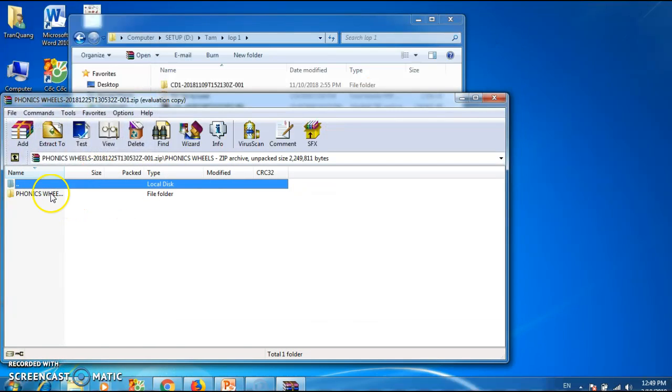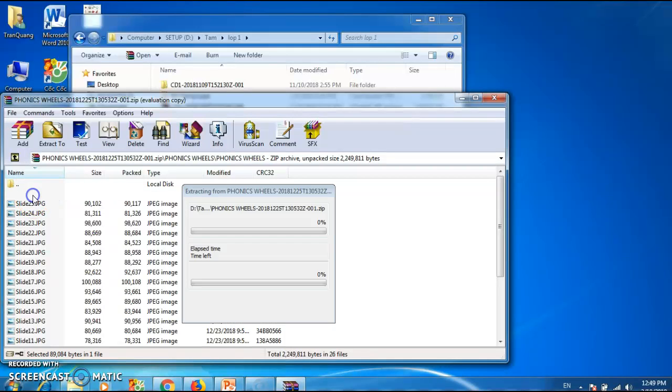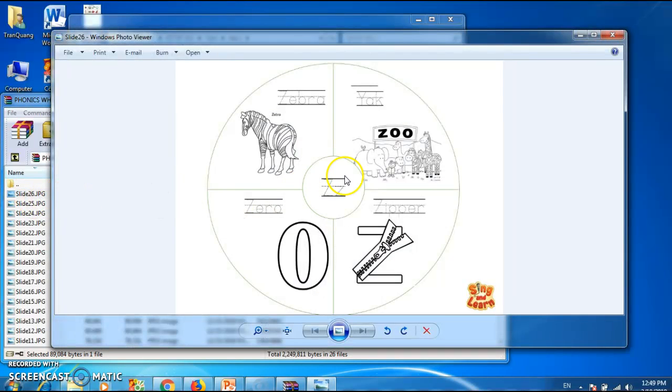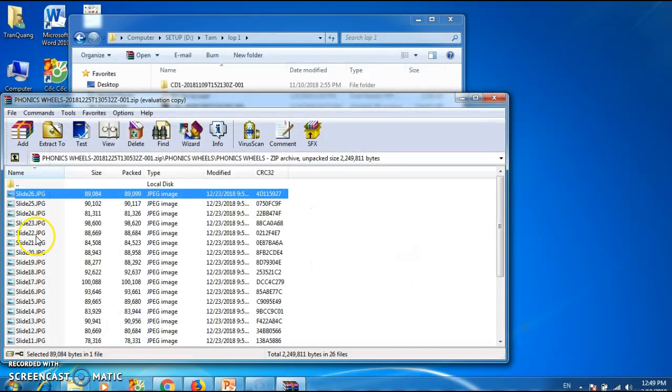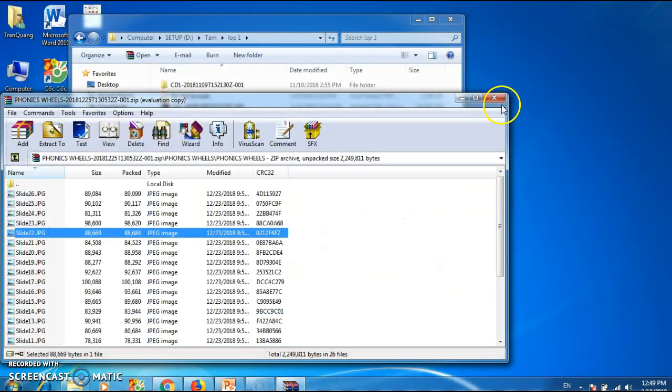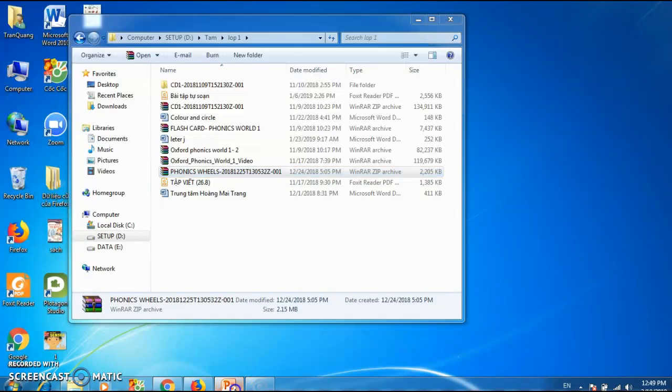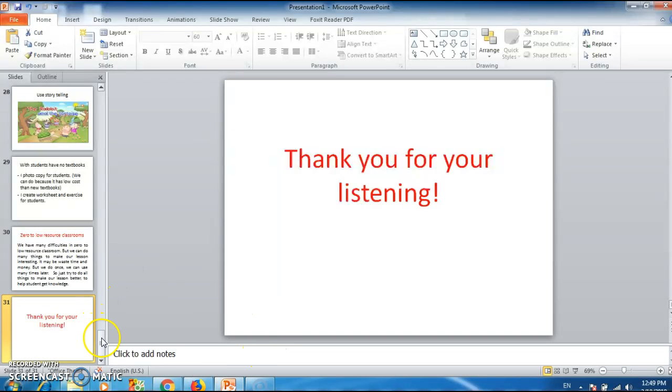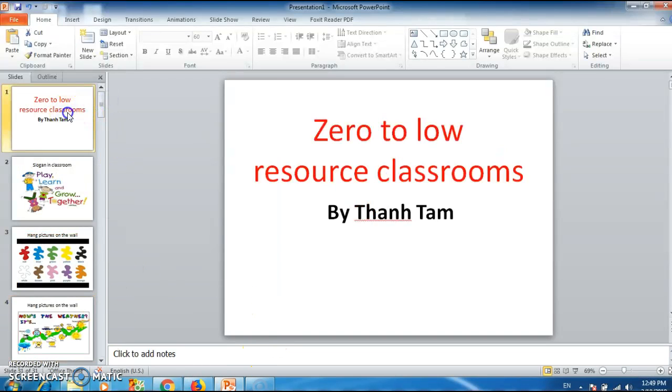You can see, for example, the letter Z, and many other letters, for example, letter V, you can see here. That's something I do in my classroom when we have a low or zero resource classroom.